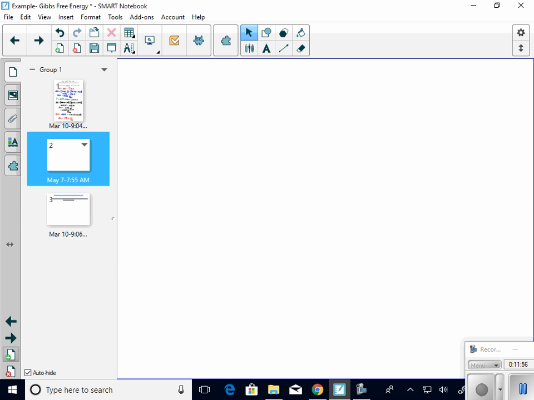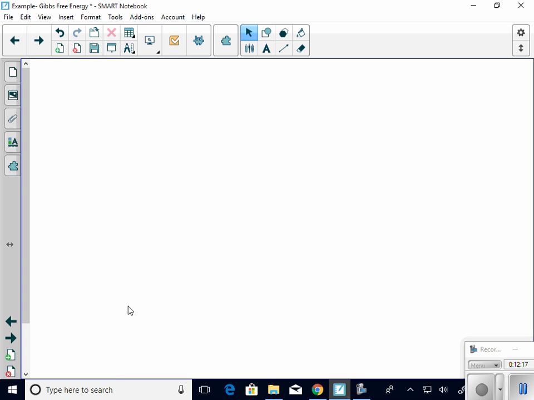I'm going to do this very problem using just the delta G's, so we can see how similar or dissimilar they are. So on my problem, I'm looking at that middle column.